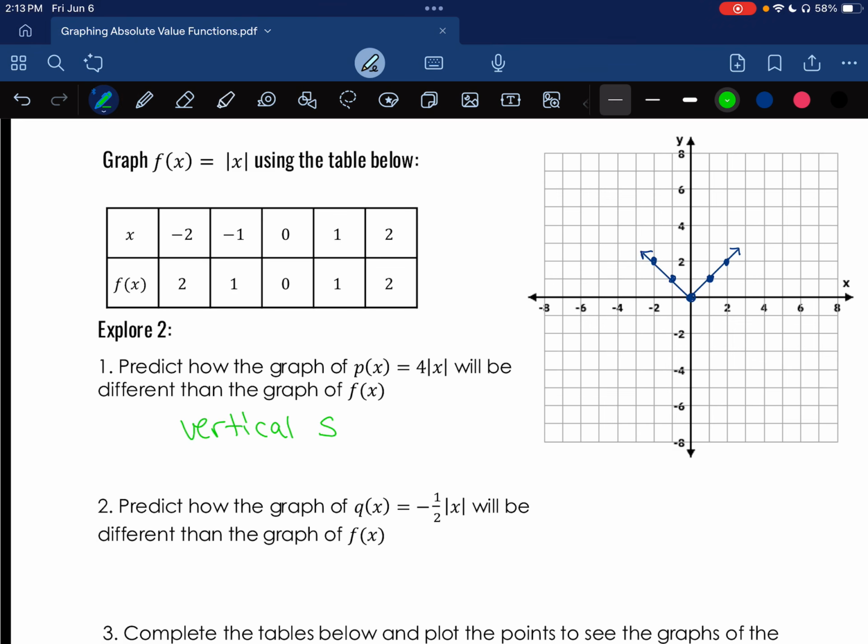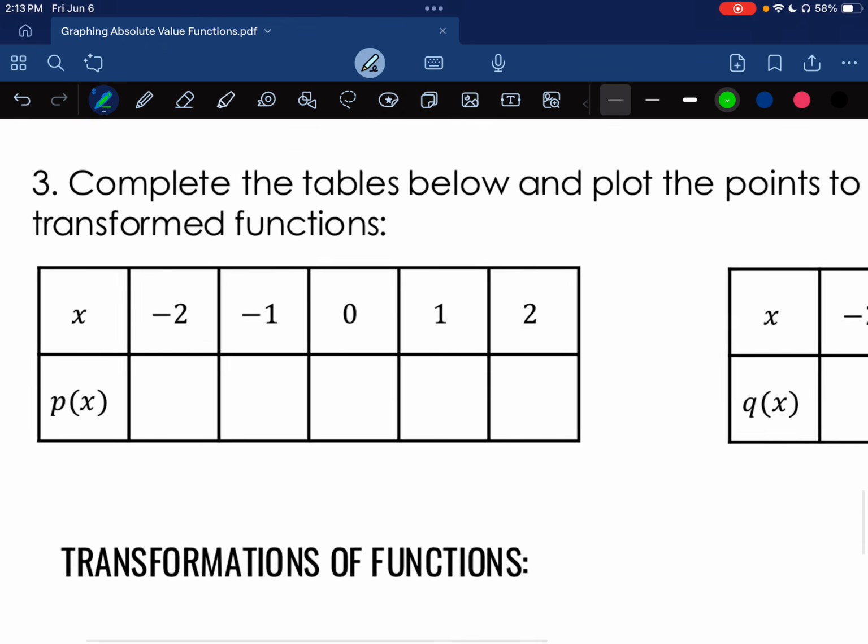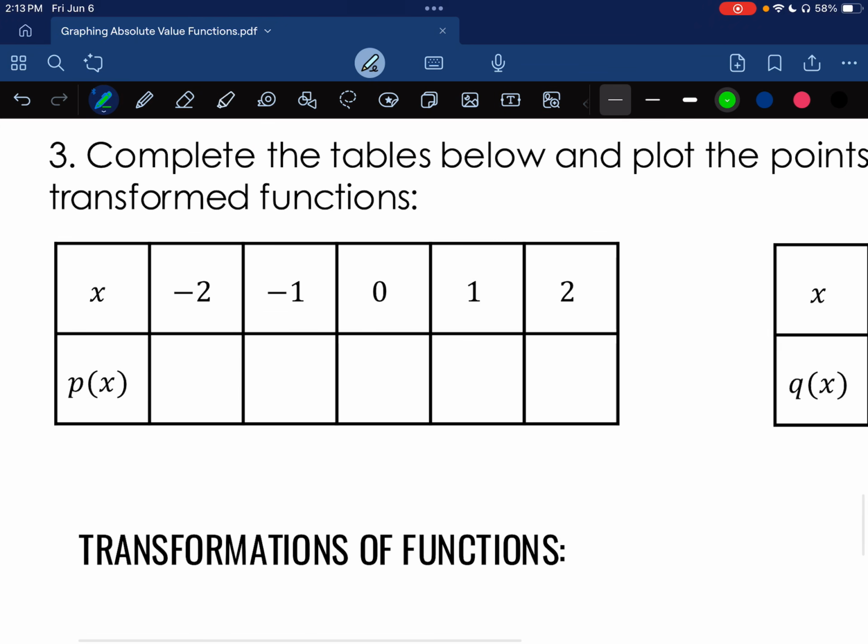What it does is it's like increasing the slope by 4. So instead of having a slope of 1 or -1, it has a slope of -4 and a slope of +4. If I fill out the table for this one, it'll look like 8, 4, 0, 4, 8.